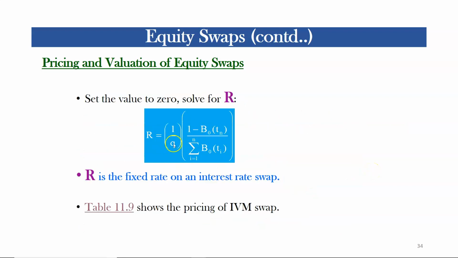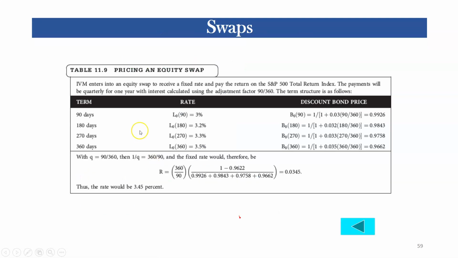For the mathematical derivation of this formula, see the video on interest rate swaps. The pricing of the IVM equity swap in our example is illustrated in table 11.9 with assumed LIBOR rates in the spot market for 90, 180, 270 and 360 days maturities.